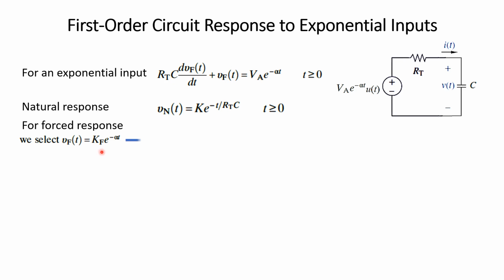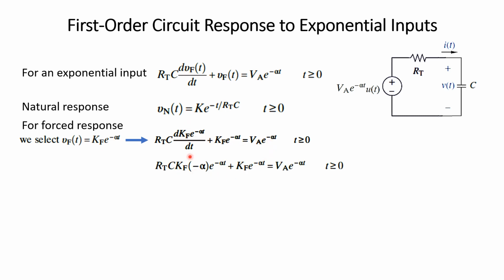And we will determine kf, the coefficient kf. Now we substitute this assumed forced response into this equation, and then we take the derivative of it, and the remaining terms are as such, and then we reach this: minus alpha kf RC plus kf is equal to VA, as the common term is e to the minus alpha t.